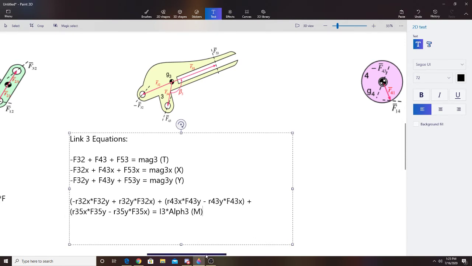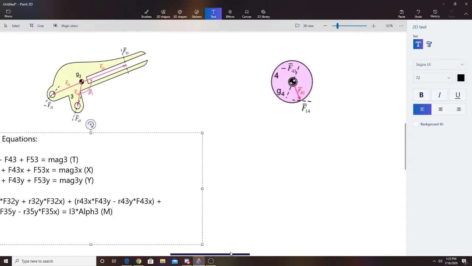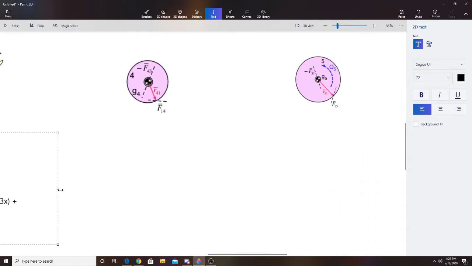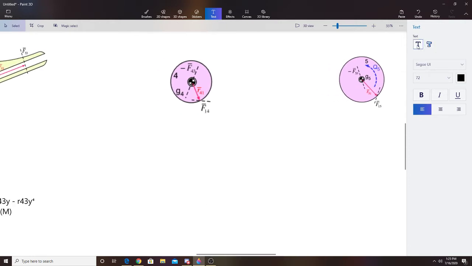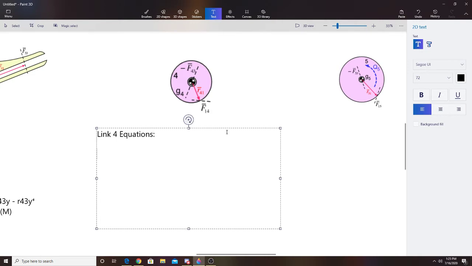So that is the next one. The rolling contacts. We have both of them. We're going to start with 4, as is tradition, go in order. So link 4 equations. What forces do we have acting on this one?